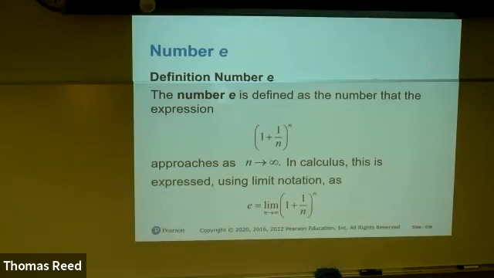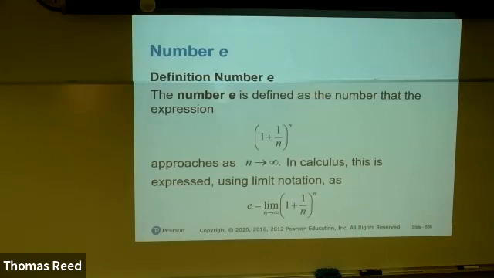What this is saying is, as n gets bigger and bigger, what number does this expression approach? It approaches a number we call e, which is 2.7 something. It's an irrational number.